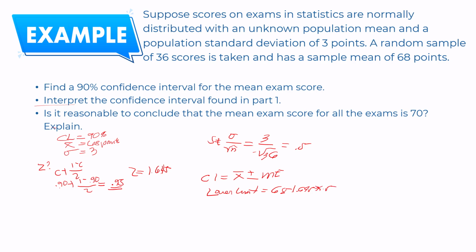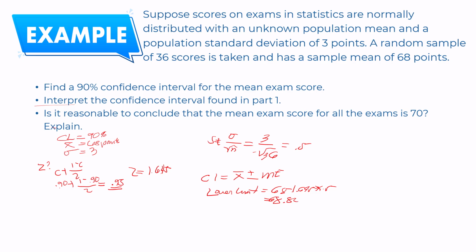So when you key that in, 1.645 times 0.5 plus 68, that's 68.82 for the lower limit.